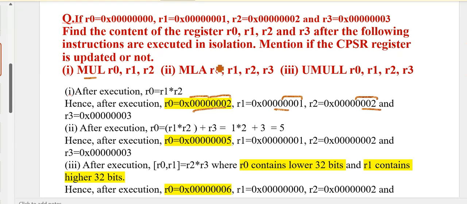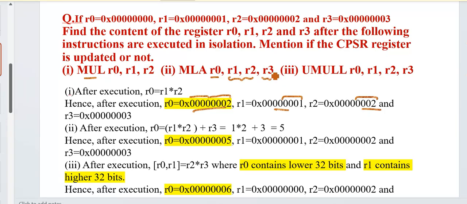The second instruction is MLA, multiply and accumulate. R0 is the destination. Multiply and accumulate means multiply and then add. Multiply which two? R1 and R2, plus add, accumulate means add, R3. So multiply R1 and R2: 2 into 1 is 2 only.